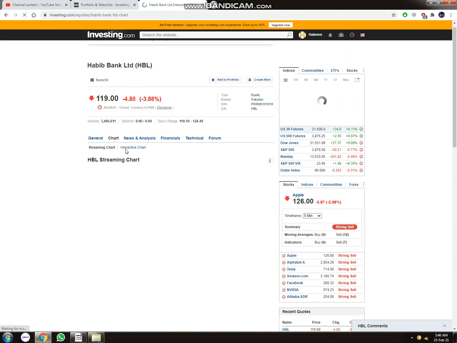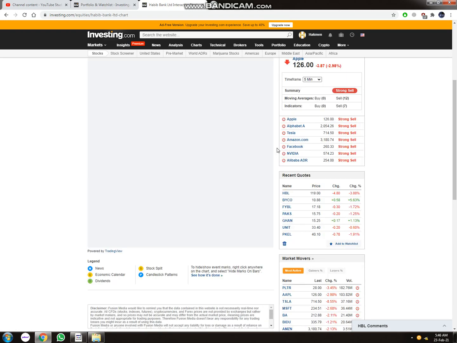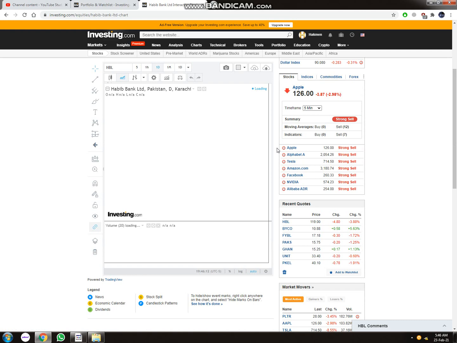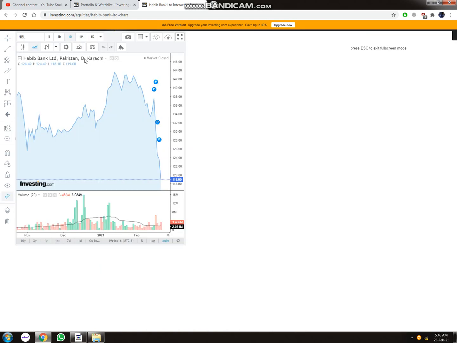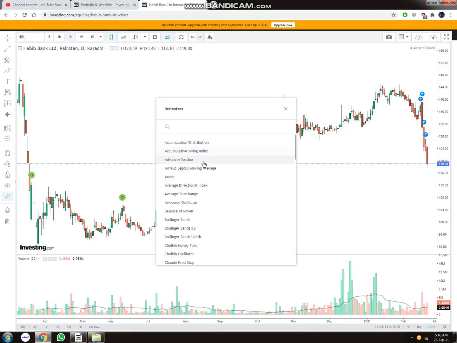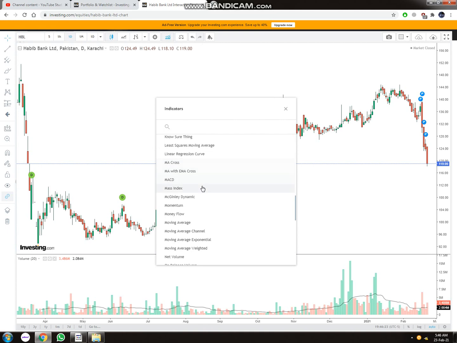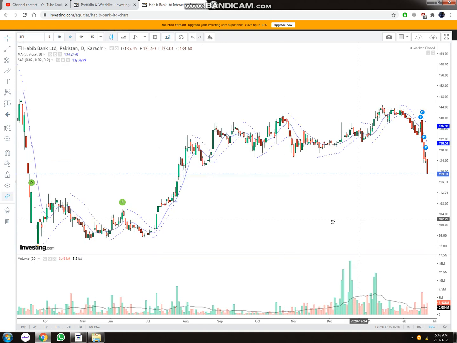Now the plus point about this particular company, Habib Bank Limited, is that this stock is traded mostly in the stock market. If the prices go up or down, no matter what happens, this stock is traded. There isn't a single day that this stock is not traded. It has the most liquidity.